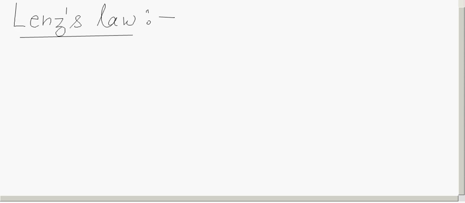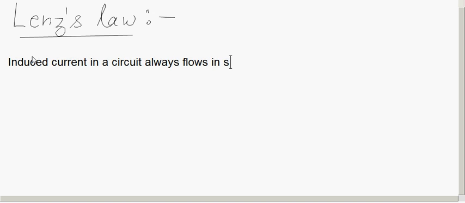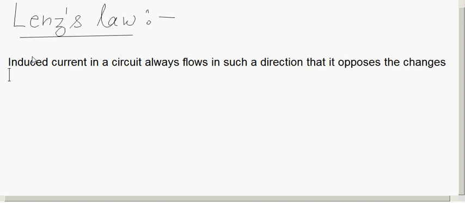Lenz's law states that the induced current in a circuit or in the coil always flows in such a direction that it opposes the changes in magnetic flux linked with the circuit, or the very cause that has produced it.